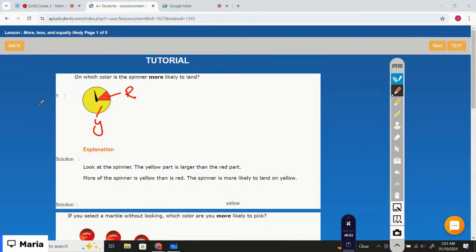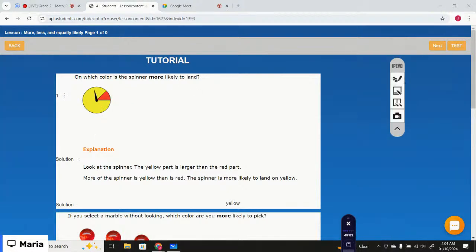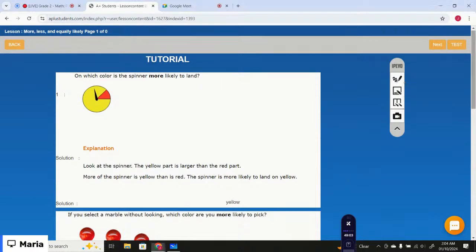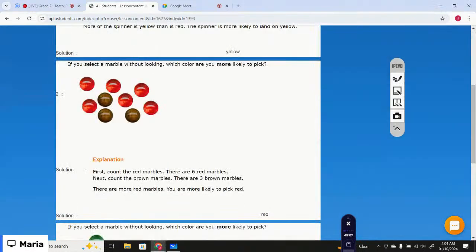Got it? So the more portion has the more chances to land on, and the less portion has the less chances, right?